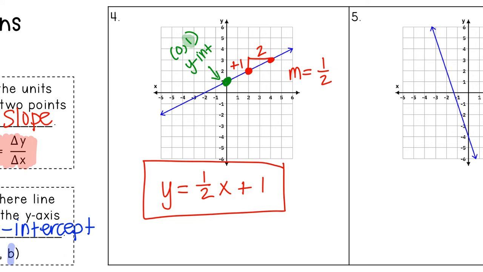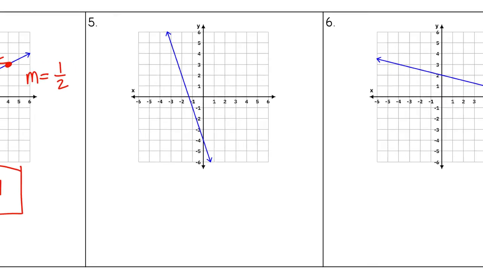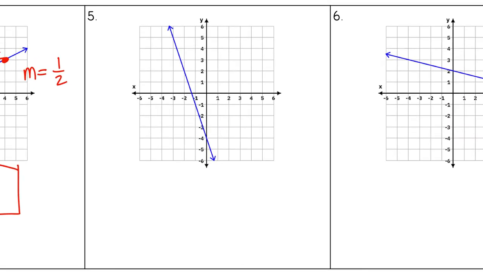Okay, let's look at the next one. The easiest thing to identify is the y-intercept, so it looks like it's down here this time at (0, -4). So I know we're going to have to use that -4 in a little bit. Now let's pick 2 points where we can find slope from. I usually start from the point that we just had and look for the nearest other point, so it looks like right here.